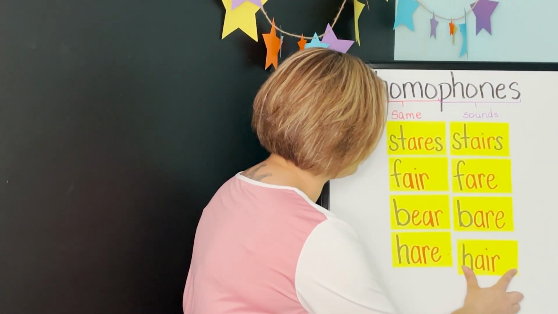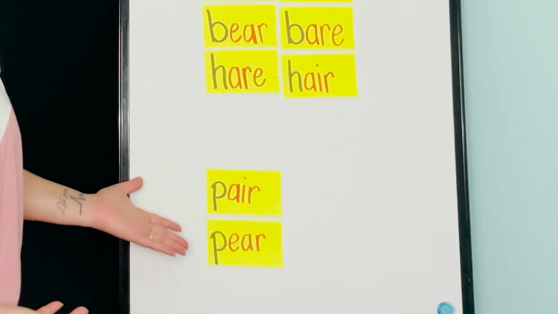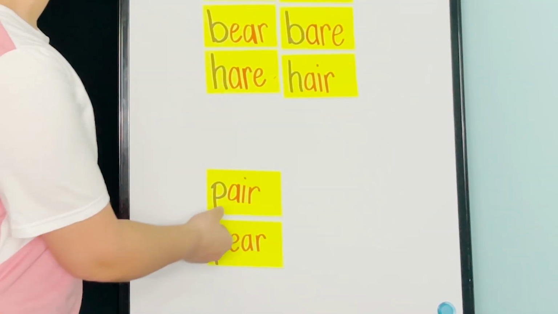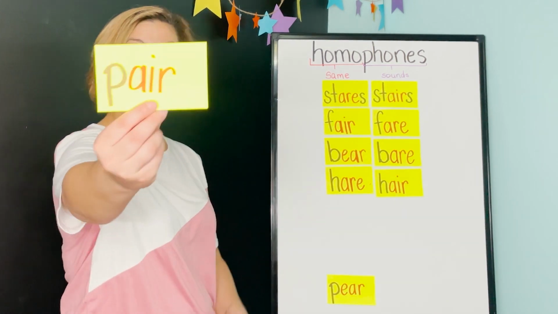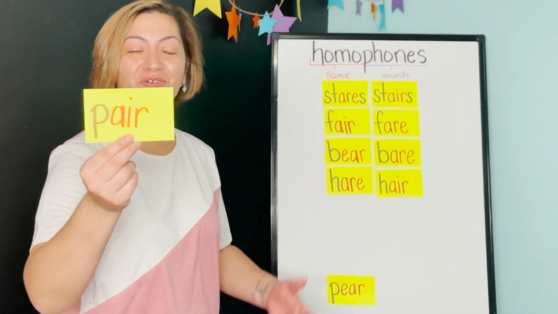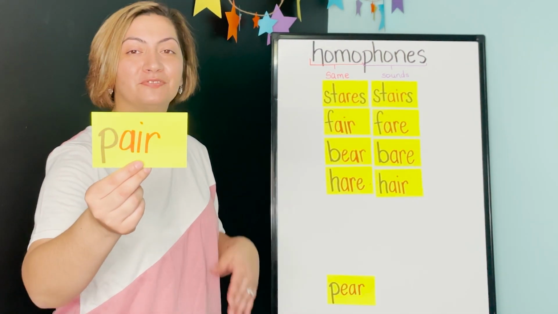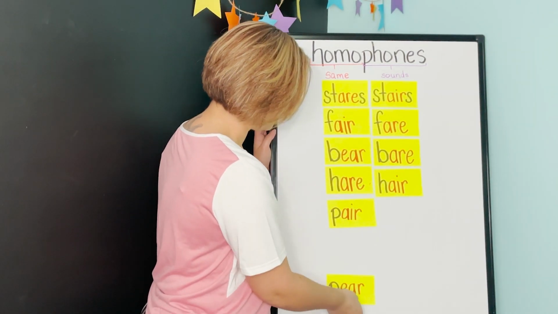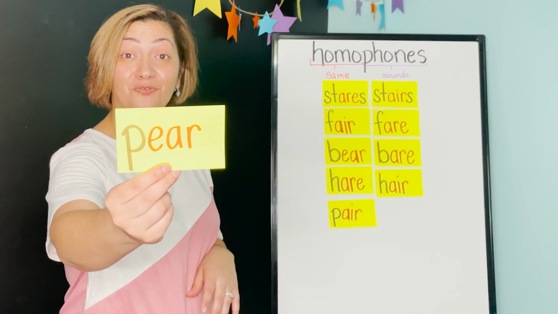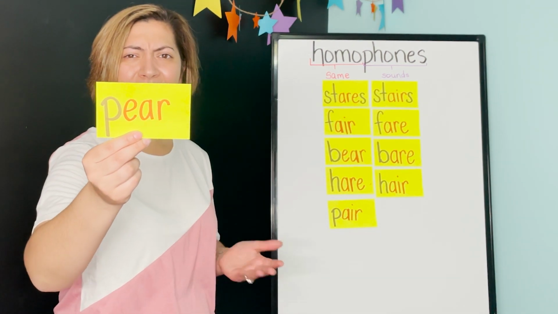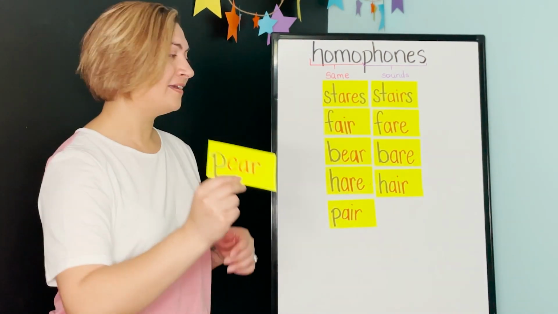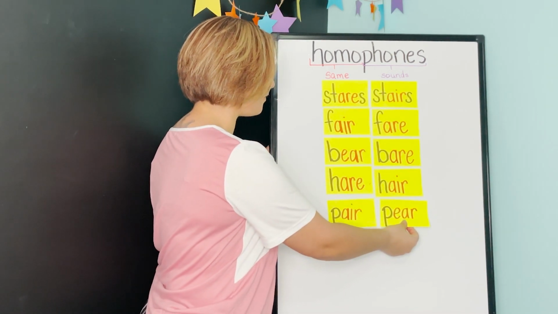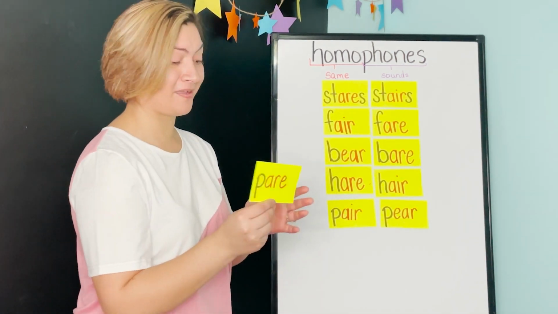Nice job. All right, and now we only have two words left, which means they must be a pair. They must be a match or a set or like a pair of shoes. That's what this pair means. And then we have the other spelling, pear, which is like the fruit that you could eat. Yum, a pear. And then I actually have one more word, pare.